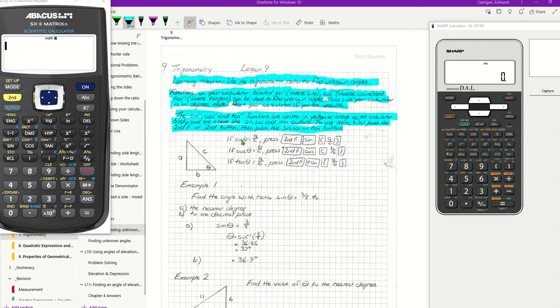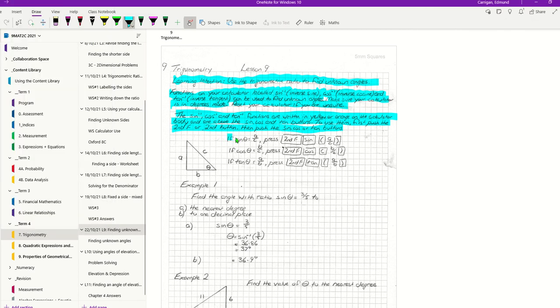Okay, so let's have a look and see if we're given already the ratio A over C. If we want to find the angle, we just need to put the numbers in. This doesn't have any real examples, but if sine theta is equal to A on C, where A is a number, press second function sine, put your bracket in, A over C, close your bracket.